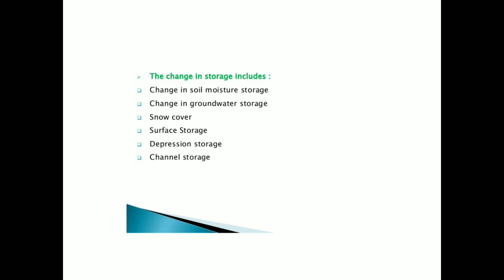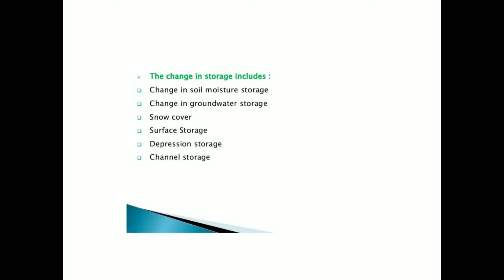The change in storage includes change in soil moisture storage, change in groundwater storage, snow cover, surface storage, depression storage, channel storage. And at that place, the soil moisture changes due to the incoming and outgoing of water.